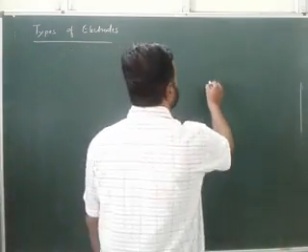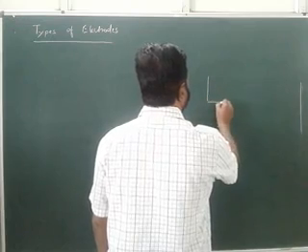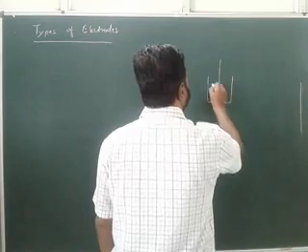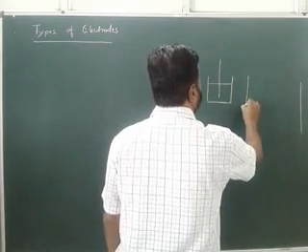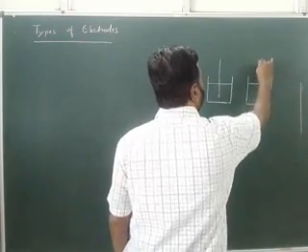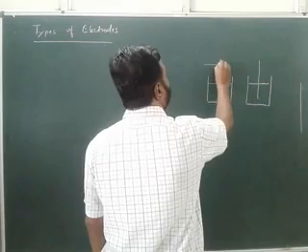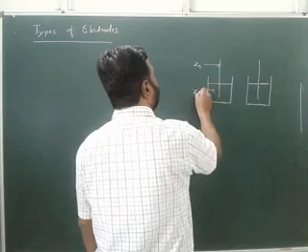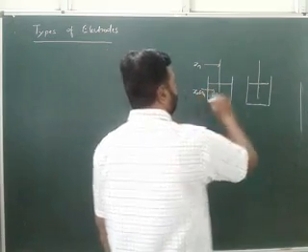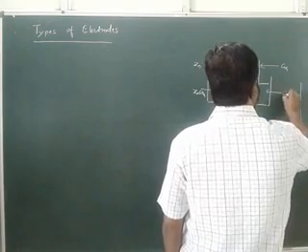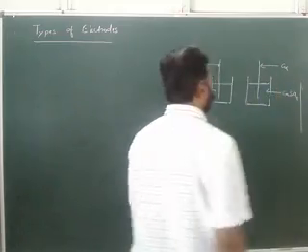In case of Daniel cell, we can use two electrodes, that is zinc in zinc sulfate, and the second single electrode is copper in copper sulfate. The left hand side electrode is Zn in zinc sulfate solution, and copper is in copper sulfate solution.